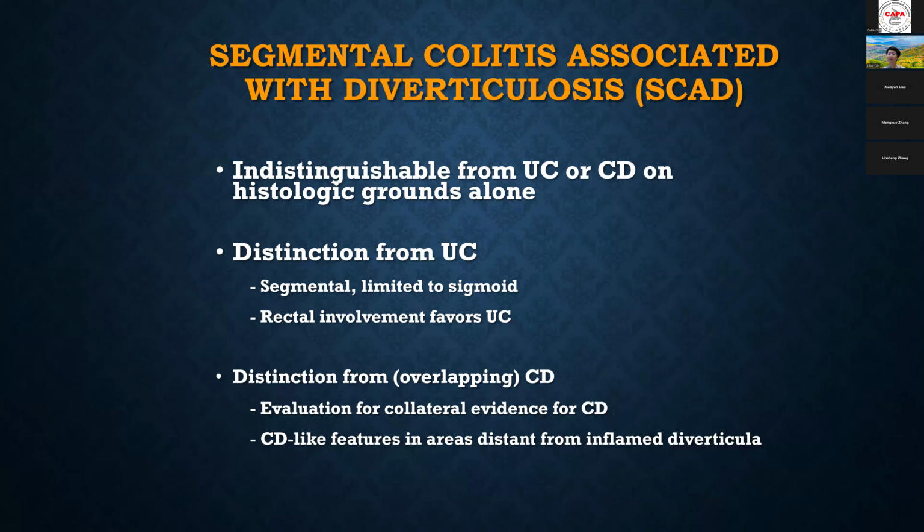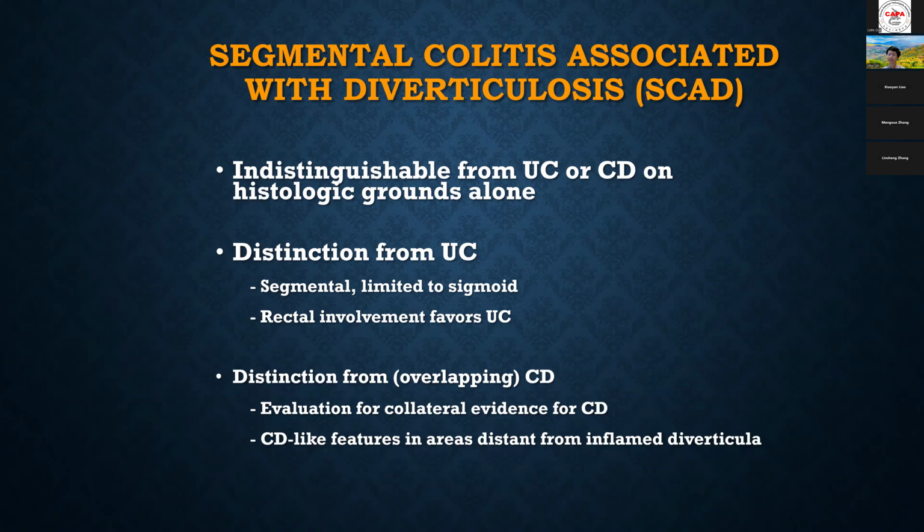And you can't really tell, right? But some hint that will allow you to think about SCAD is if you can see the segmental colitis only in the segment with diverticulum, and we know the sigmoid most likely has diverticular disease. So if in the biopsy everything's normal except the sigmoid, which shows chronic inactive or chronic active colitis, you should think about SCAD. Right?